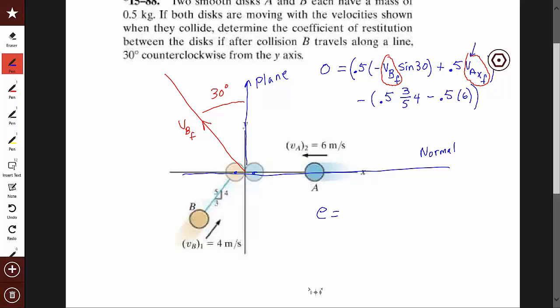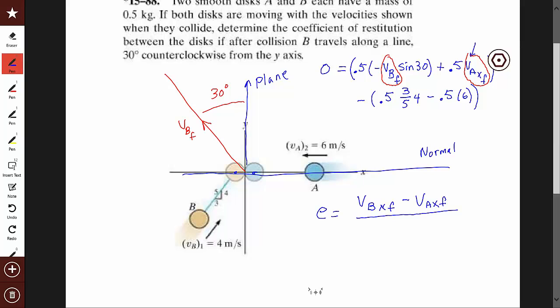So what I'm going to do is take B, let me just write it out. Velocity of B in the normal direction, which is the x direction, after the collision, minus the velocity of A in the x direction, which is the normal direction, after the collision, divided by, and now I do the initials, and reverse the A's and B's.